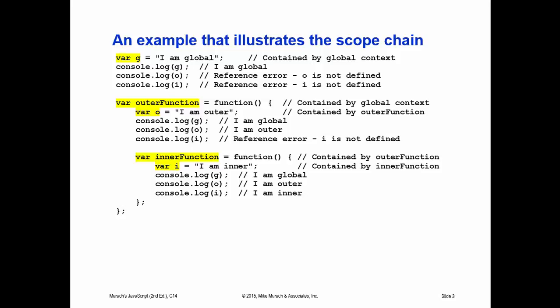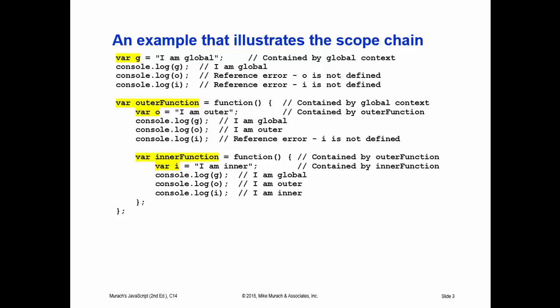At various points in here, they put log statements. What they mention is that in global scope, in other words what's available to everyone throughout the program, it's the g variable.